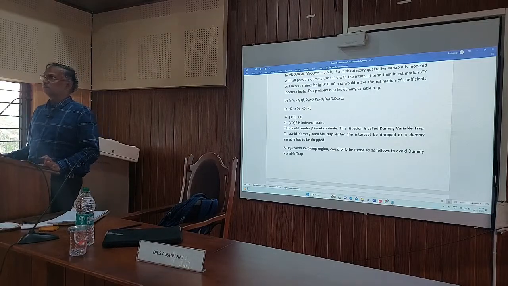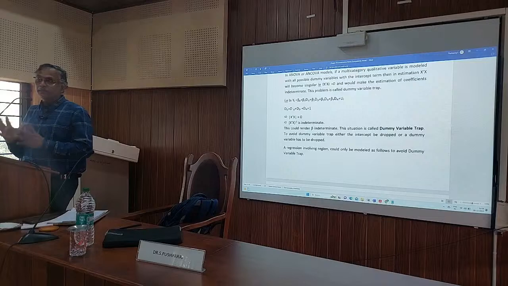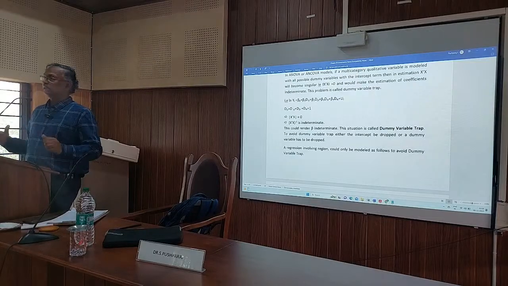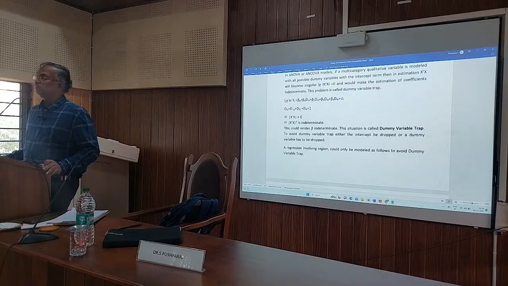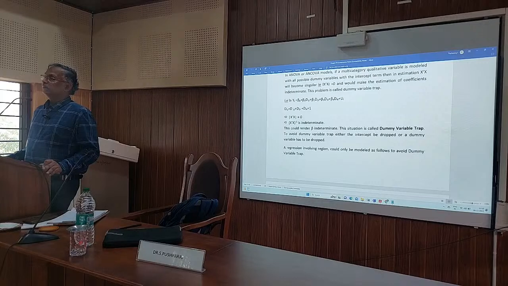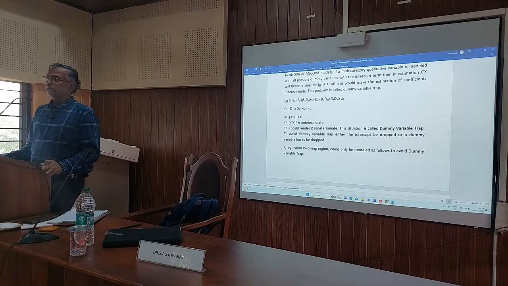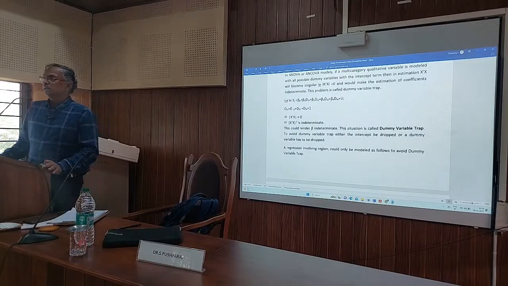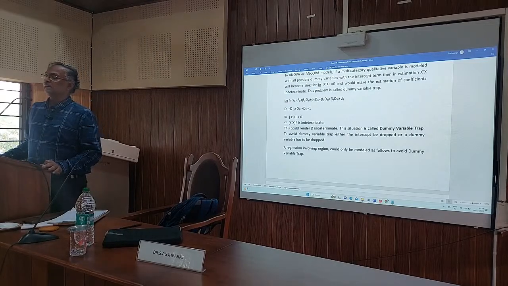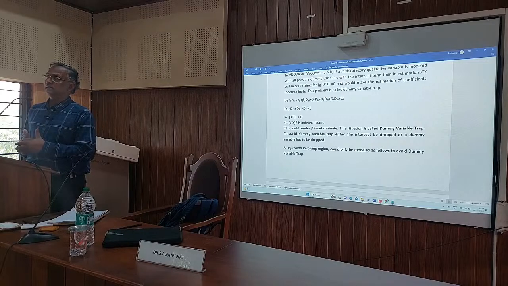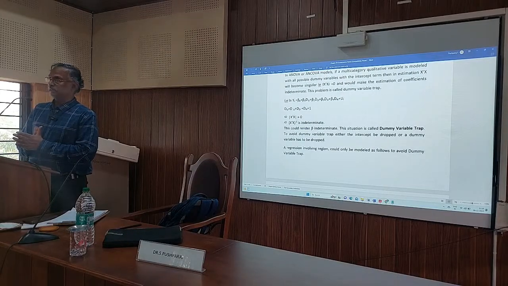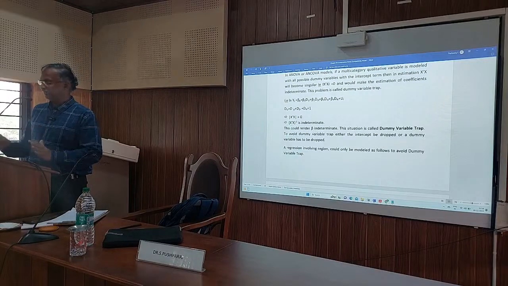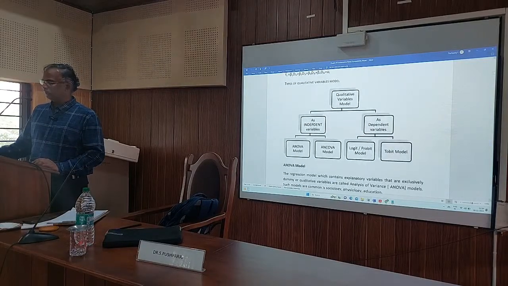But in this dummy variable model, the meaning of the coefficients will be completely different. It will show the differences in means. What is the difference in means? Here, the coefficients will indicate the difference in averages of categories. I'll just take one example and let you know.